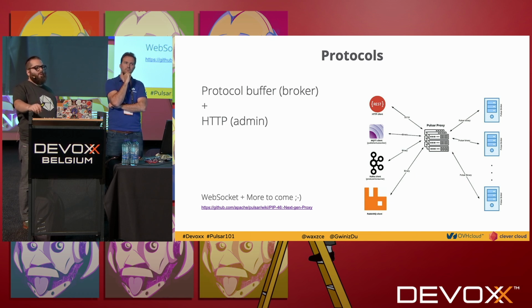Every administrative operation is handled over HTTP. There is a CLI helping you to do that, protobuf on the broker messaging level, and the WebSocket integration for people who want to speak directly from the browser, for example.